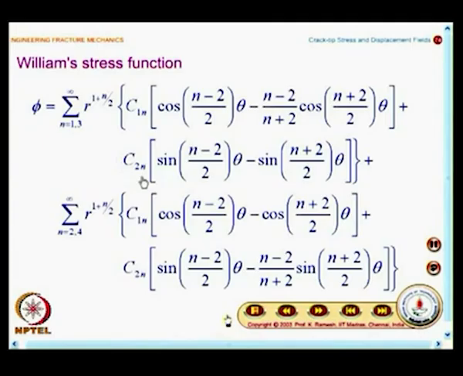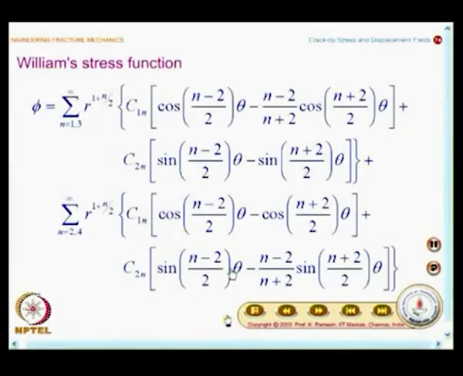Whatever the terms associated with C2n will address crack problems involving mode 2. So, in one go you get the solution for mode 1 as well as mode 2 in the case of Williams eigenfunction approach. This is observation number 2.